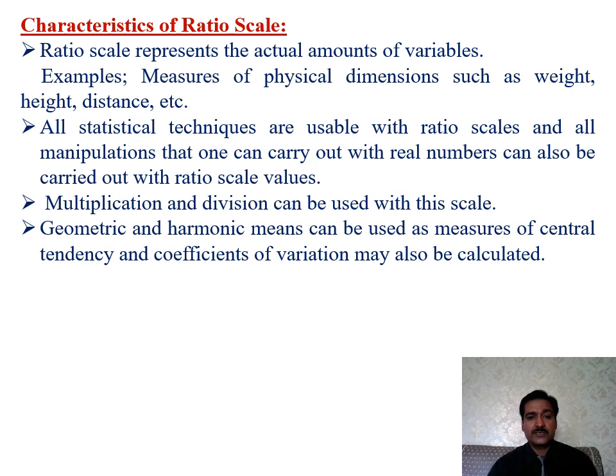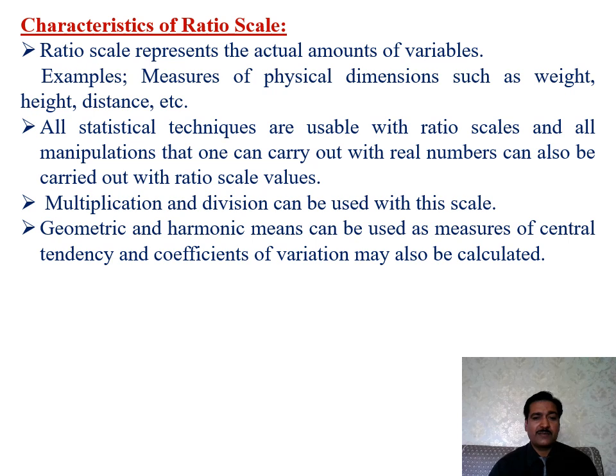For example, measures of physical dimensions such as weight, height, distance, etc. The second characteristic is that all statistical techniques are usable with ratio scales, and all manipulations that one can carry out with real numbers can also be carried out with ratio scale values, because it is pure numerical data. That's why all the statistical techniques can be applied except non-parametric methods.